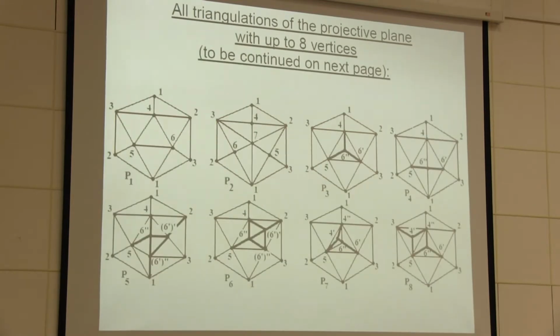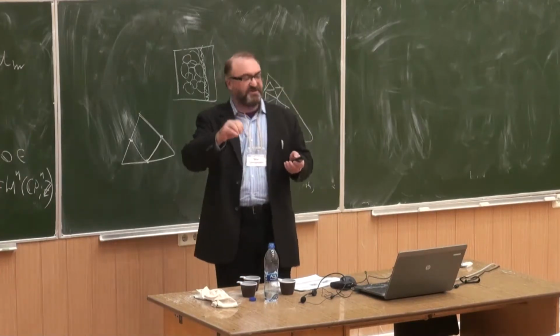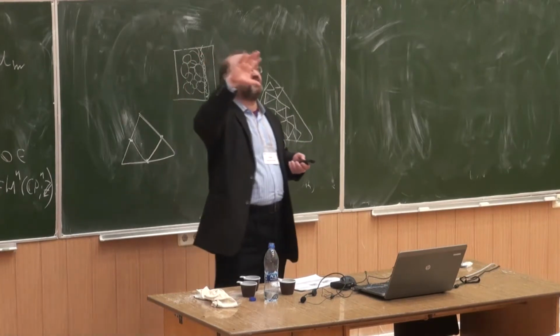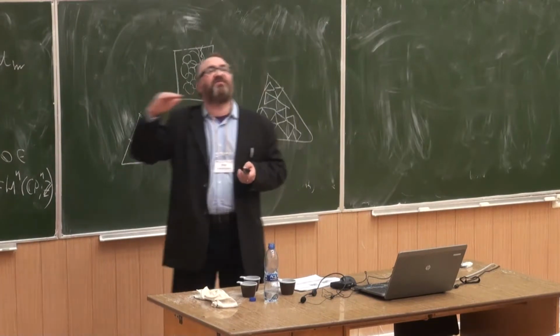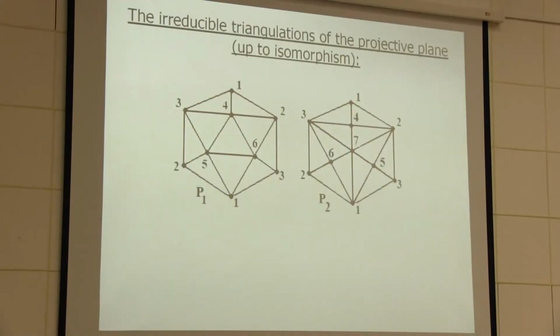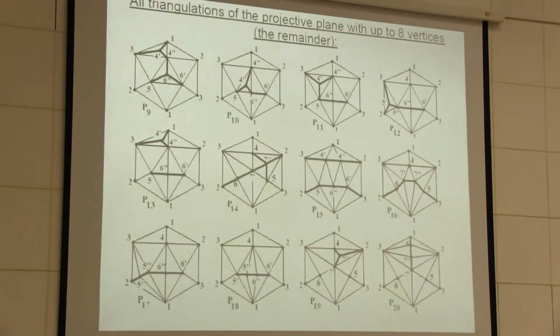So then, by splitting some of the vertices of these two irreducible triangulations, we obtain the list of all combinatorial types of triangulations of the projective plane with up to 8 vertices. These 8 triangulations and 12 more. There are in all 20 triangulations of the projective plane with up to 8 vertices.